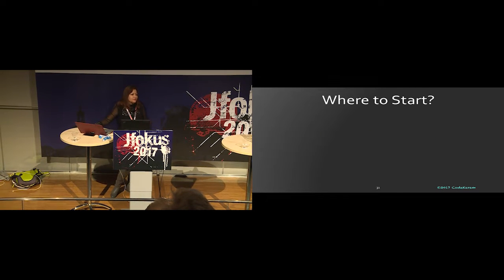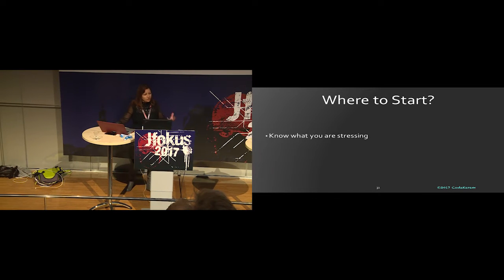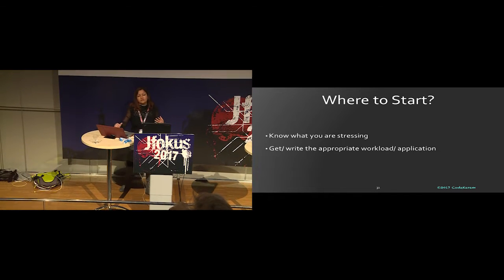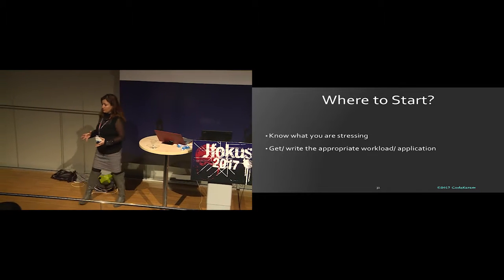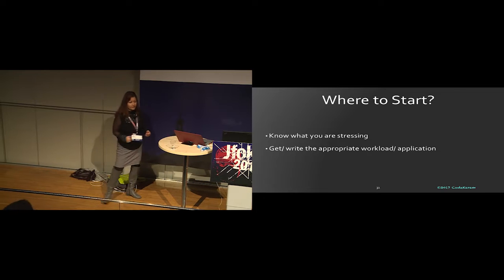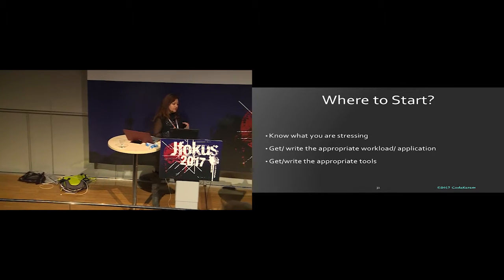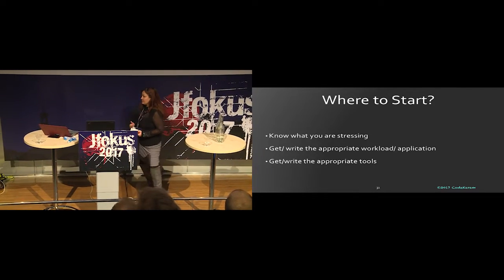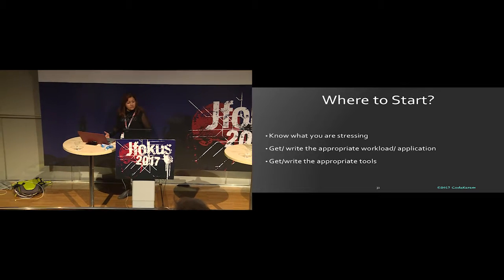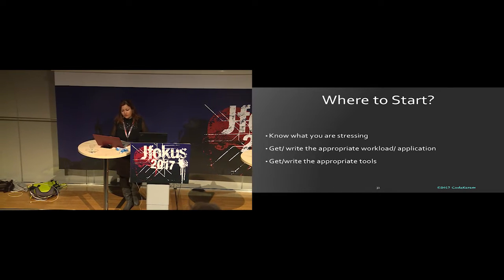So you start at the very beginning. Know what you're stressing, right? Once you know what you're stressing, then it's as simple as getting the right workload, or you write your own workload, right? Because you already know what you're stressing, okay? And then eventually, to do the analysis, you want to make sure that you have the appropriate tools, right? So again, you either write your own tools, or you get the appropriate tools. So let's start with know what you're stressing.